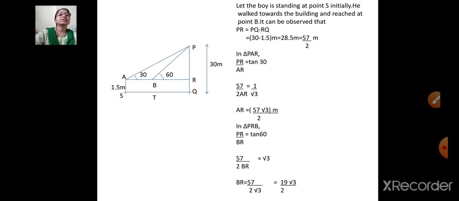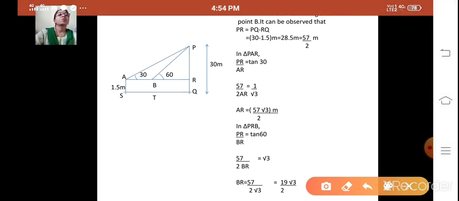So take tan 30, substitute the value of PR. Just now we have calculated 57 upon 2 divided by AR is equal to tan 30, which is 1 upon root 3. Here it is.